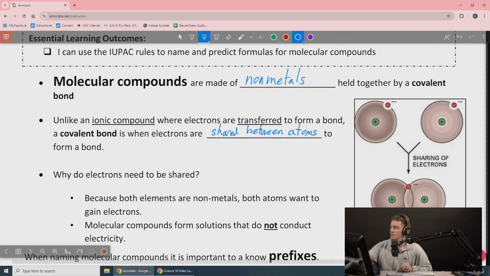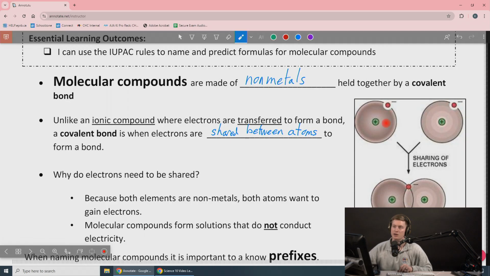Why do electrons need to be shared? The reason is because both elements are nonmetals. Both atoms want to gain electrons. Molecular compounds form solutions that do not conduct electricity, in comparison to ionic compounds where the solutions do conduct electricity.